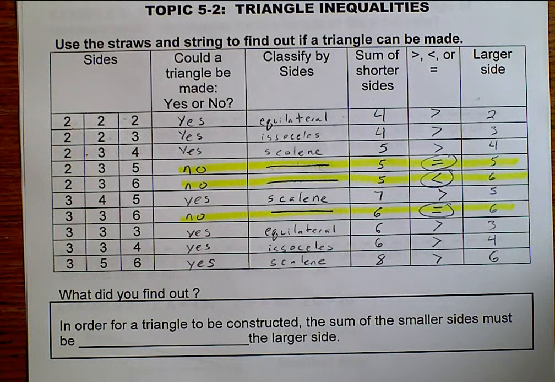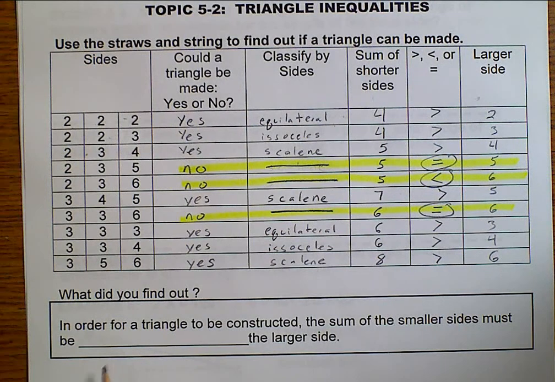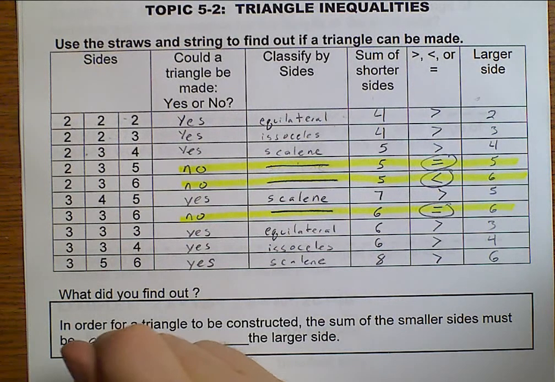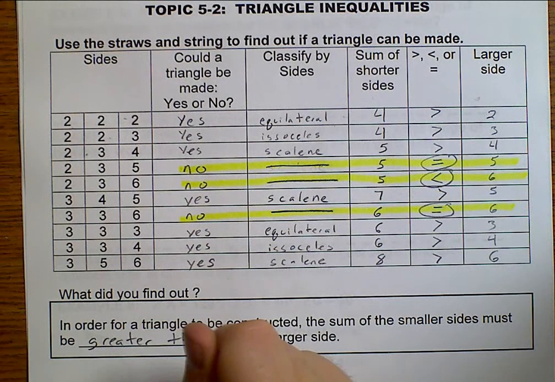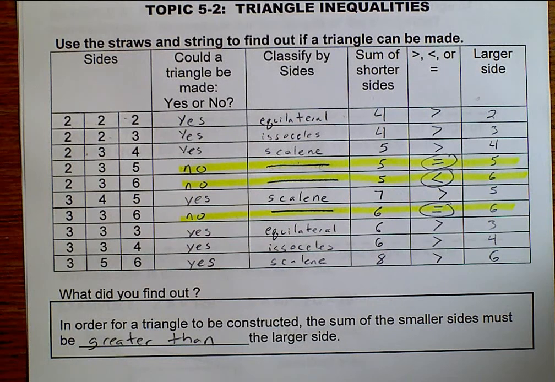If it was greater than, it did. So what do we find out? That in order for a triangle to be constructed, the sum of the smaller sides must be greater than the larger side. So let's take that information and see what we can do with it.